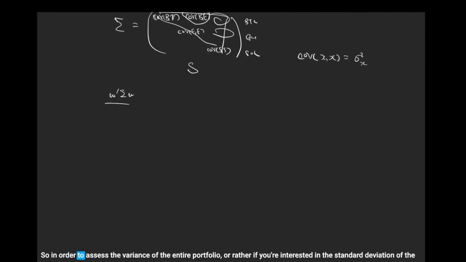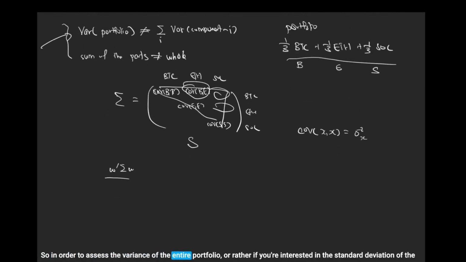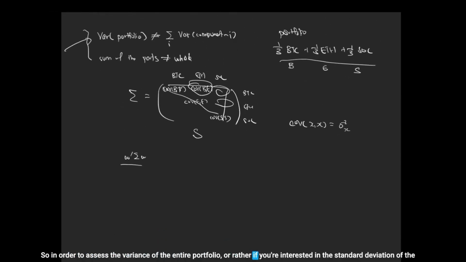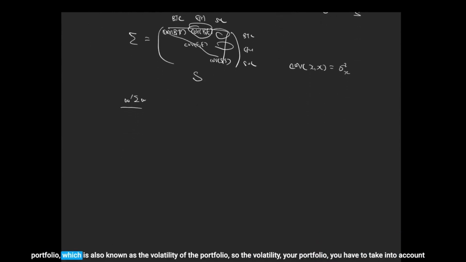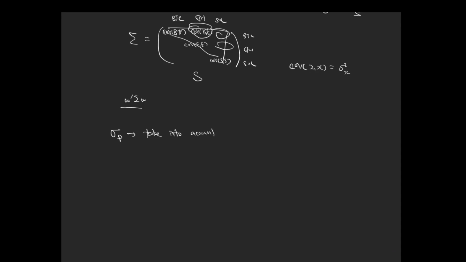So in order to assess the variance of the entire portfolio, or rather, if you are interested in the standard deviation of the portfolio, which is also known as the volatility of the portfolio, so the volatility of the portfolio, you have to take into account cross dependencies or correlations in asset returns.